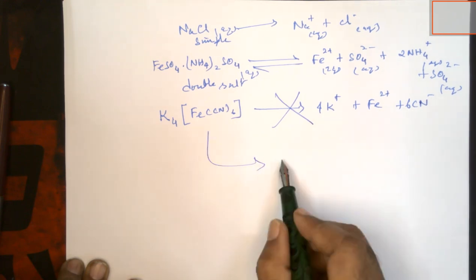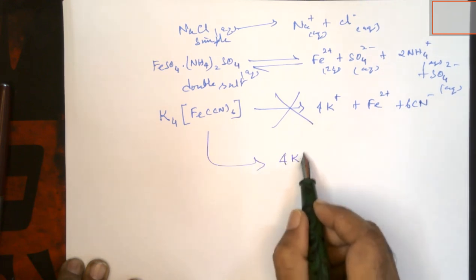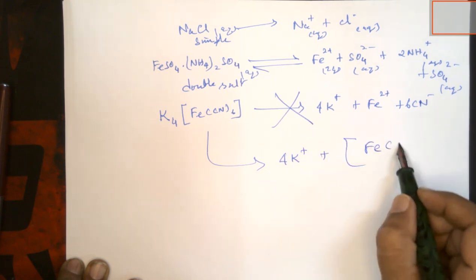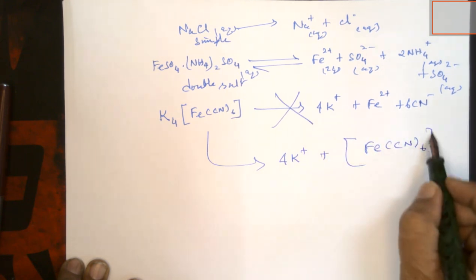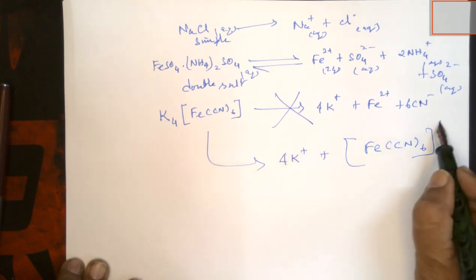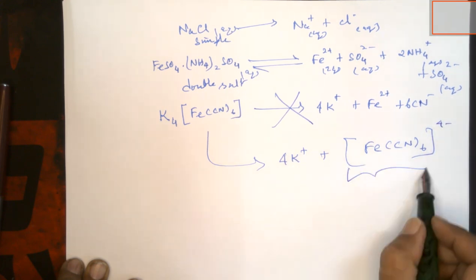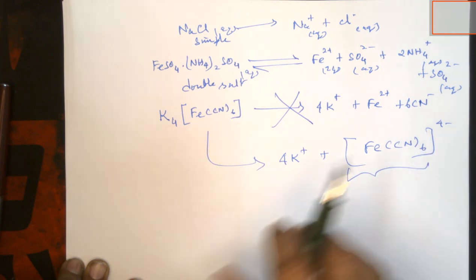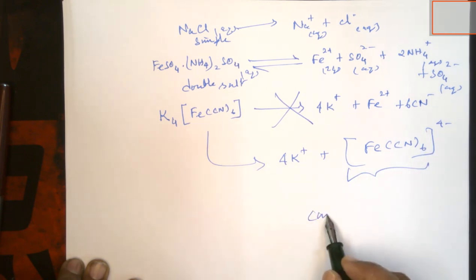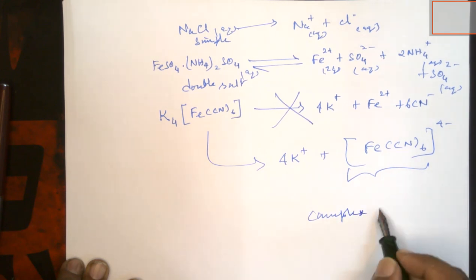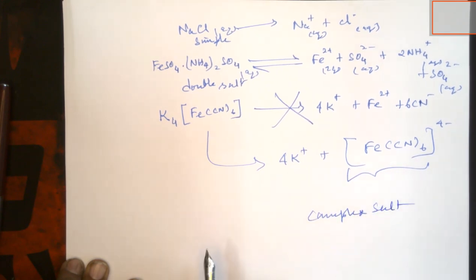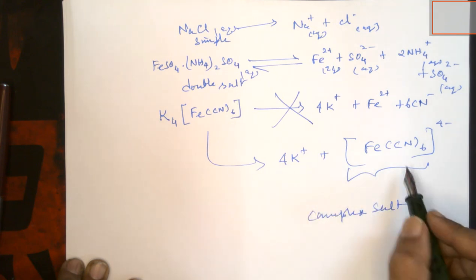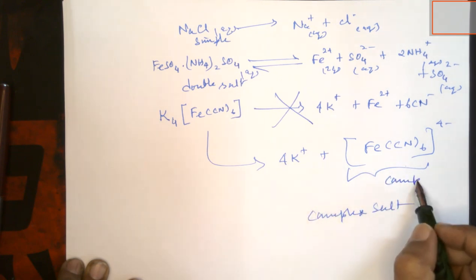Instead, it forms 4K plus, and as a whole a complex ion of 4 minus is obtained. Are you able to follow? So this is of complex nature. That is why this compound is known as complex salt. And this is the complex anion.